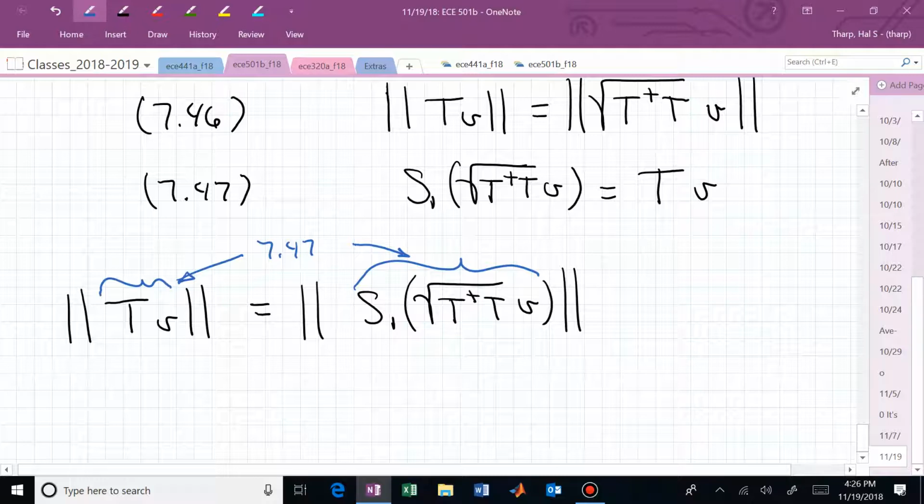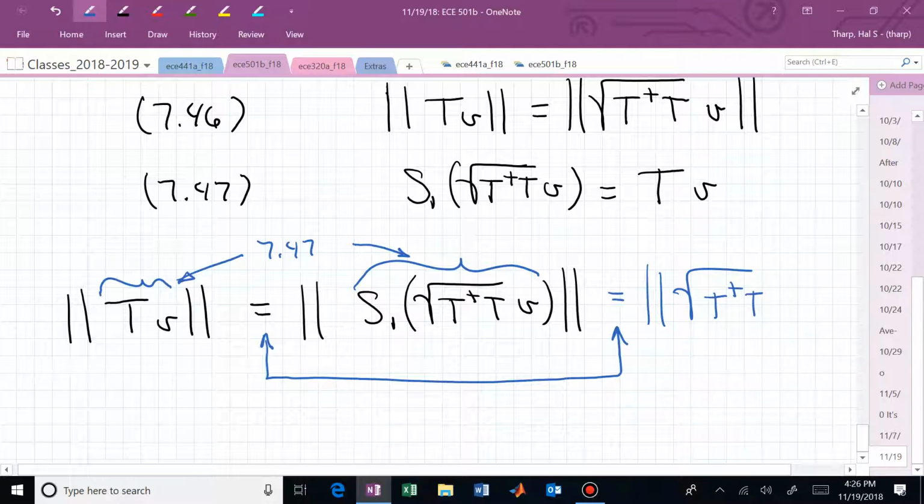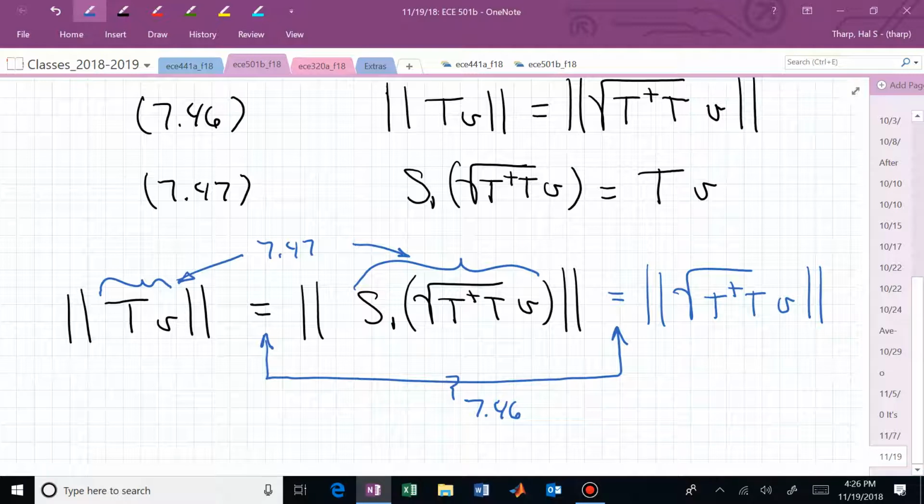Those two are equal, so their norms are equal. But I can also say that the norm of Tv by 46 is equal to the norm of the square root of T dagger T, this positive operator, operating on v. This is from equation 46. Those two equalities, and now I've squeezed the right two terms to being equal.